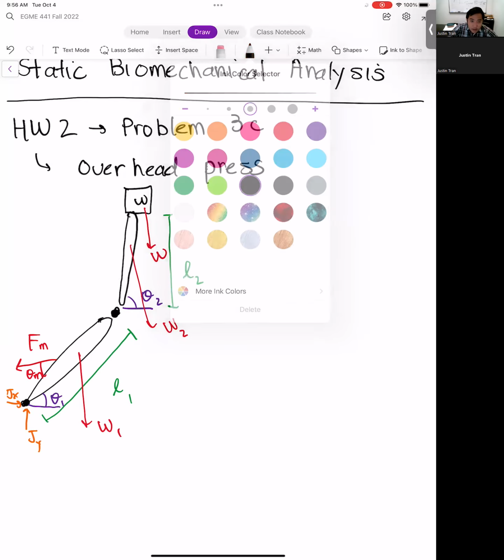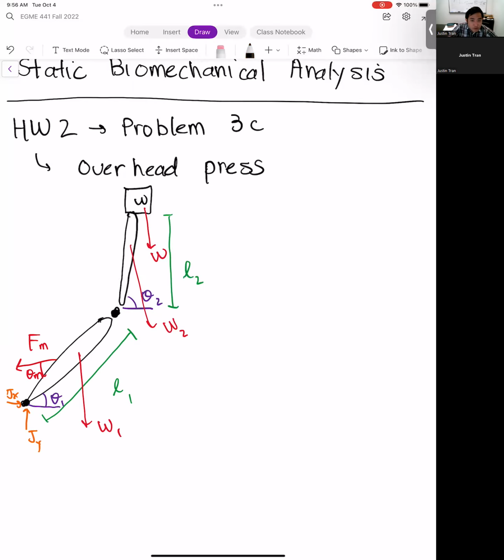The values of all these parameters are given here, so let me write them all down. W has a value of 750 newtons. W1 has a value of 50 newtons. W2 has a value of 35 newtons. L1 has a value of 32 centimeters.